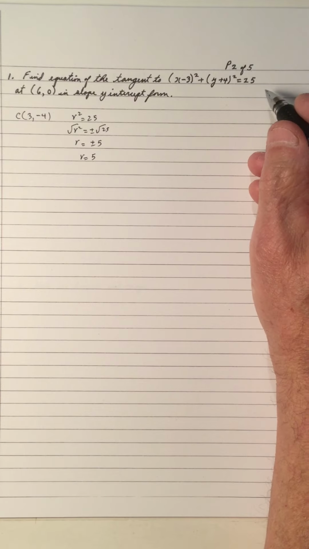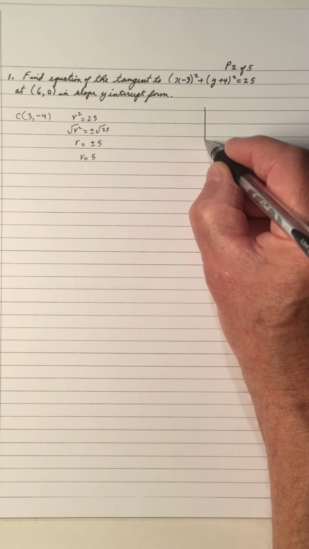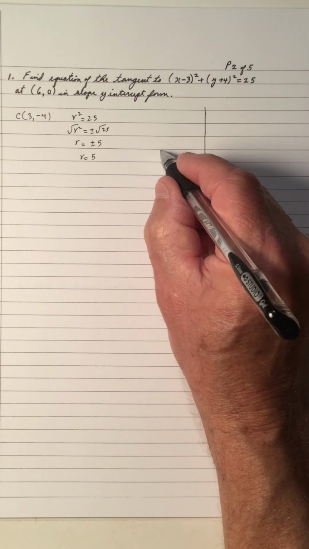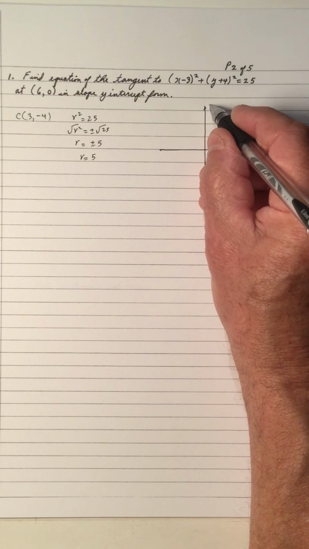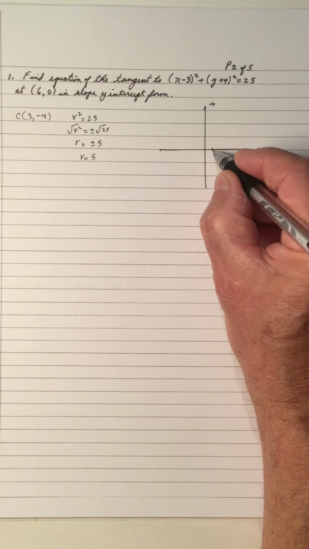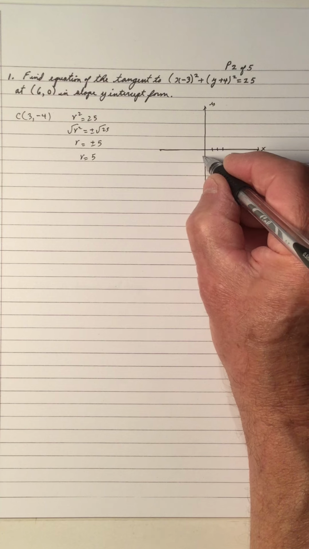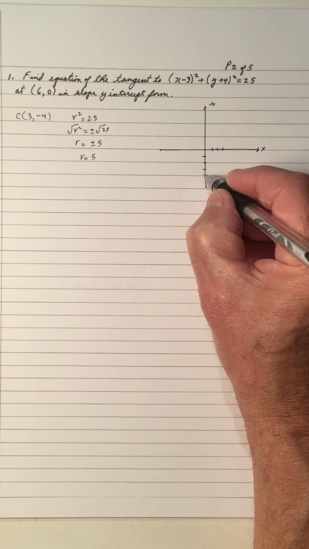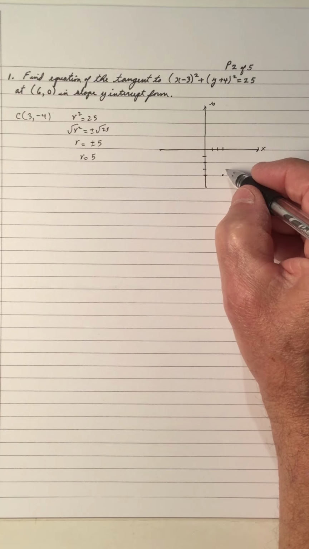So let's just draw a little picture of what's happening here before we start. What we have is the x and y axes. The center is x is 3, and y is negative 4, so there's the center there. And the radius is 5 units.